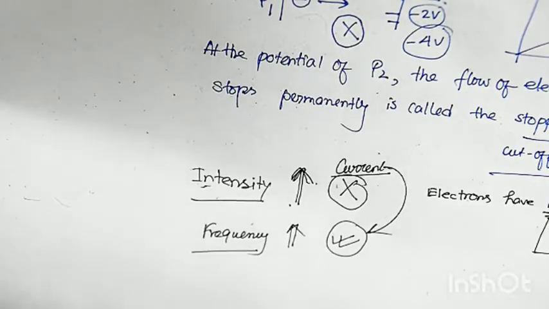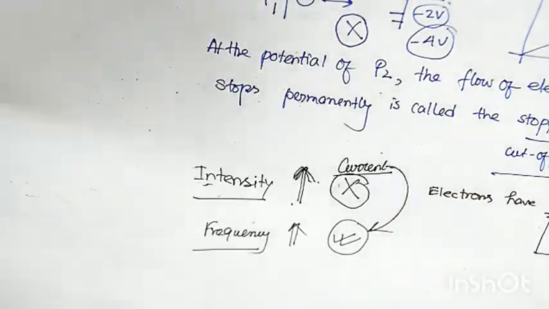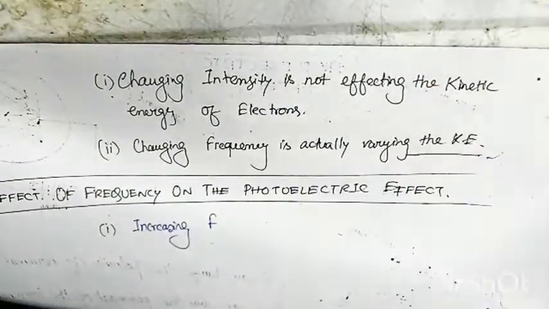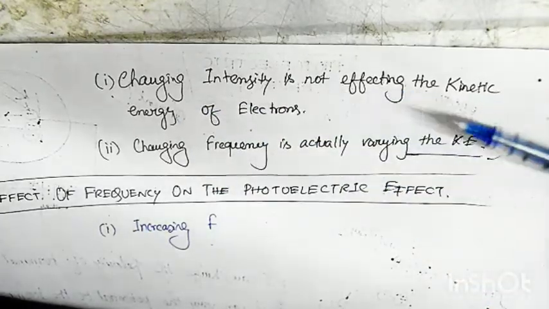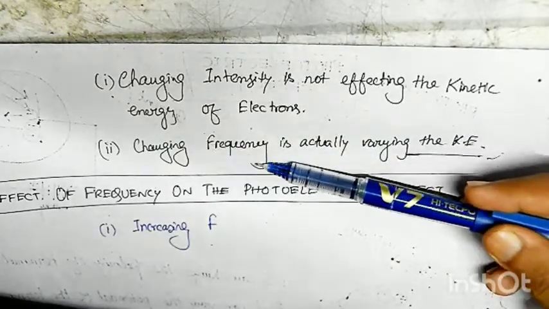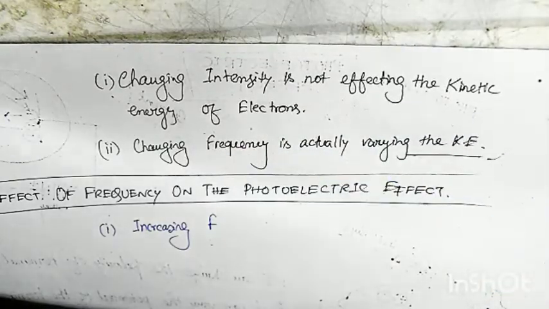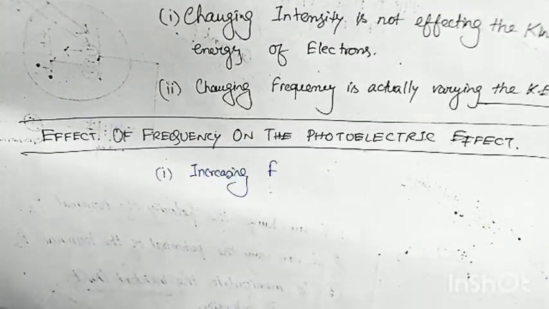Now, one more thing was observed by them. The things we studied from the intensity variations: changing intensity is not affecting the kinetic energy of electrons, and more importantly, changing frequency is actually varying the kinetic energy. It was very surprising. So the scientists decided to further study how the frequency of the incident radiation, or incident light, varies the photoelectric effect.